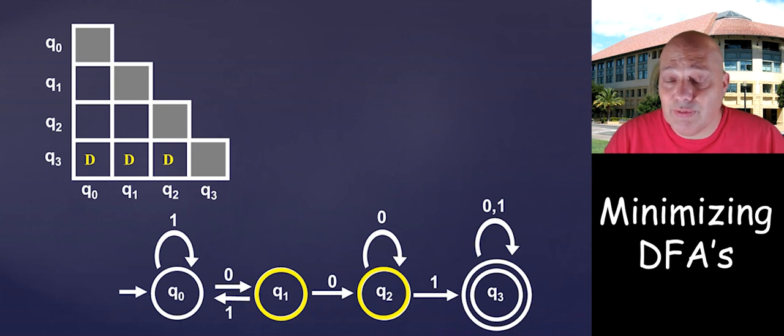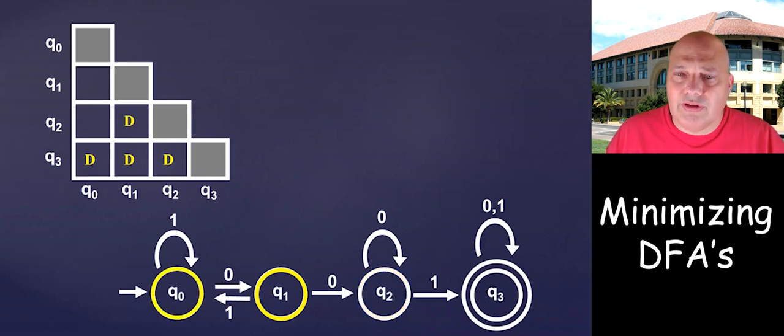They will actually reach Q2. But if you take the symbol 1, from Q2 you'll reach Q3, and from Q1 you'll reach Q0. Now Q0 and Q3 were already determined to be distinguishable. Therefore, we can also say that Q1 and Q2 are distinguishable.